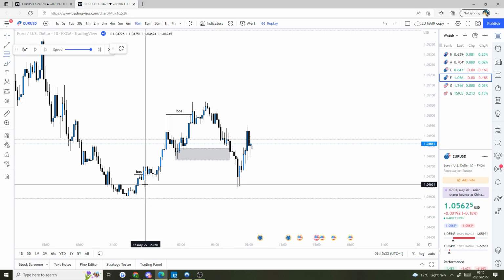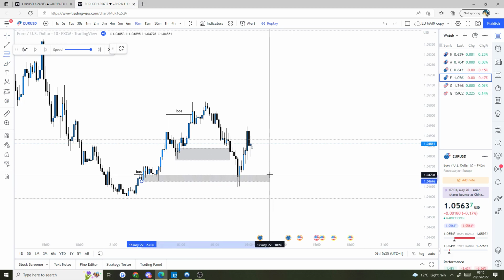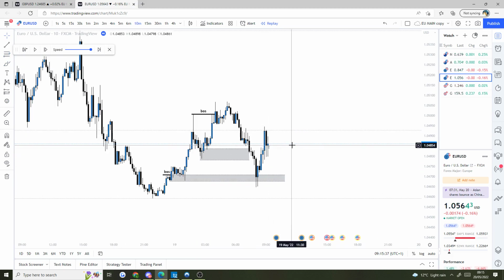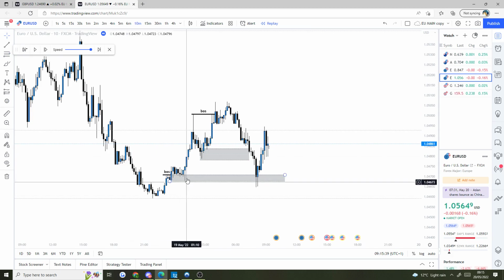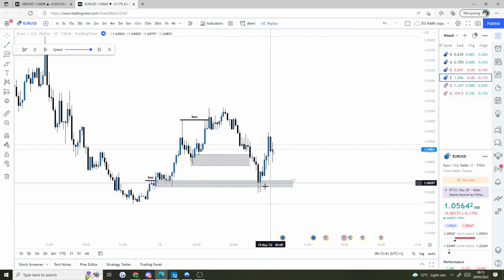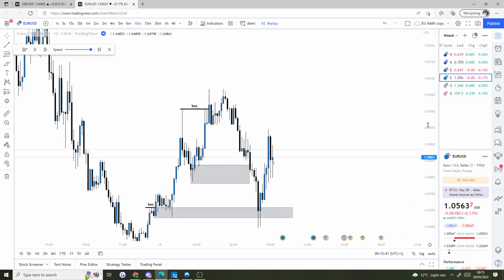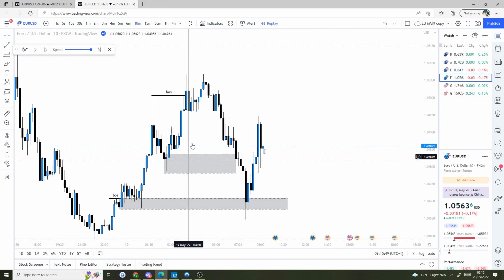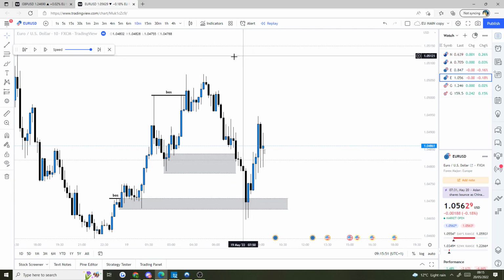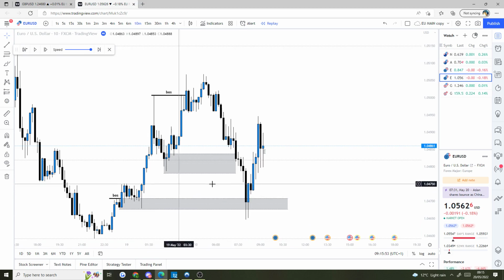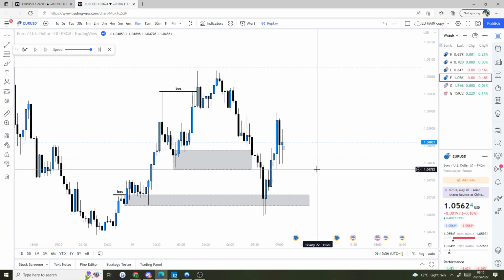What I also noticed was that we had this bullish order block here. Now, bear in mind, it doesn't look like the cleanest order block, but the fact is that I wasn't planning to take the trade just based on this order block. What I did is I marked out these two order blocks and then I'm just monitoring the reactions, so I'm waiting to see what the market gives me.